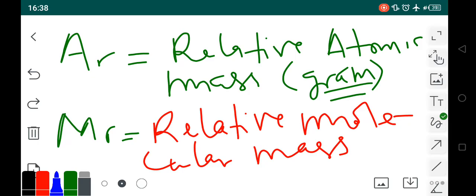So from there, use this one in the formula if the substance you are dealing with in the question is a single element. Use this one if your substance in reference is a compound.